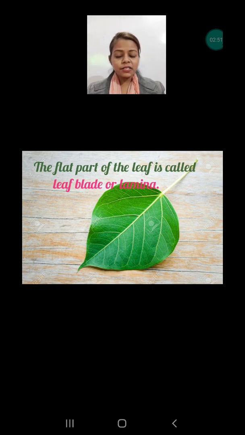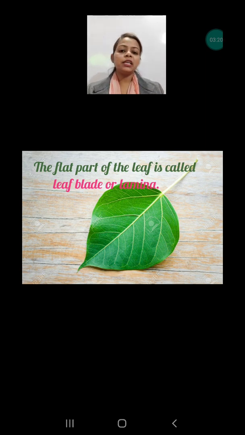And why is it flat? So that it can absorb the maximum amount of sunlight. The leaf blade is very thin and broad. Why is it broad? So that the maximum amount of sunlight can be absorbed for photosynthesis. Next, it is very thin also, because if it were thick, the sunlight could not penetrate; it could not enter so deep into the leaf.